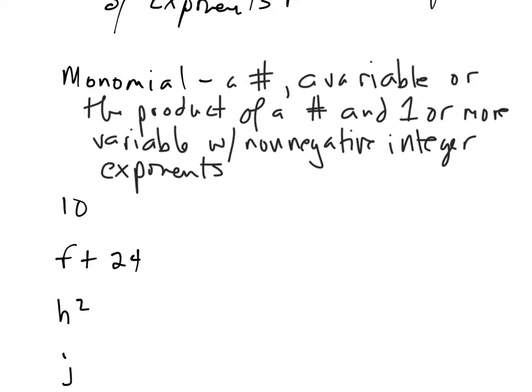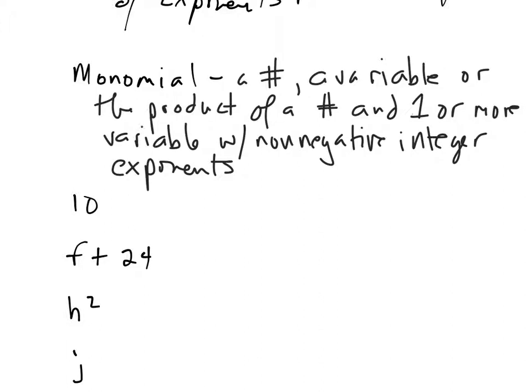A monomial is a number or a variable or the product of numbers and variables with non-negative integer exponents. So the number 10, is it a monomial? Yes. Definitely.